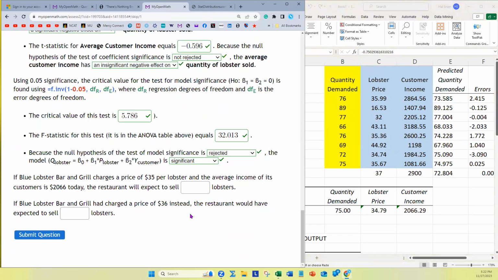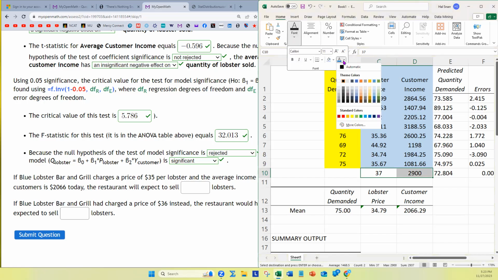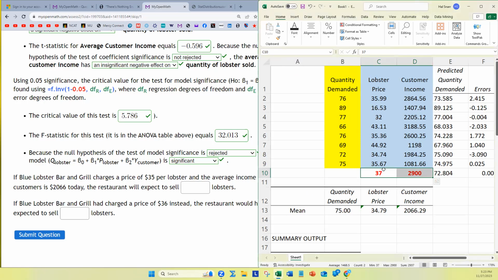Now, Blue Lobster Bar and Grill charges a price of $35. So I'm going to go back up here. I'm going to change this to red, and I'll go bold, right? So Blue Lobster Bar and Grill charges a price of $35.